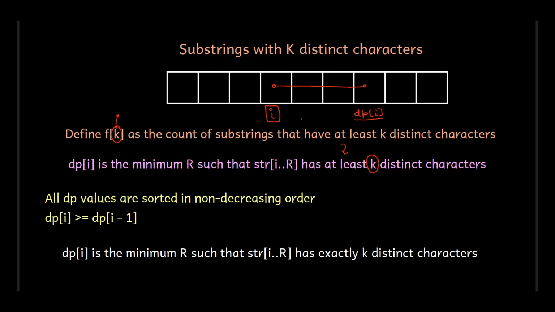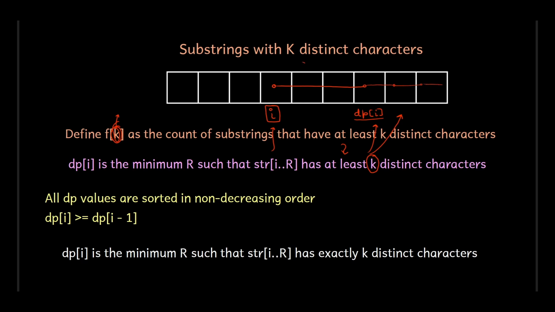So this means that the string will start at I, and it can end at DP of I, but it can also end at DP of I plus 1. Why? Because at DP of I, you have achieved at least k. So there is no harm in extending the string even further. There is no harm at all.